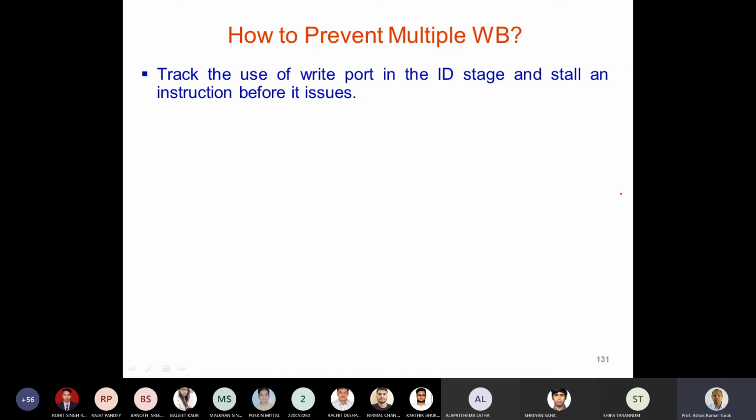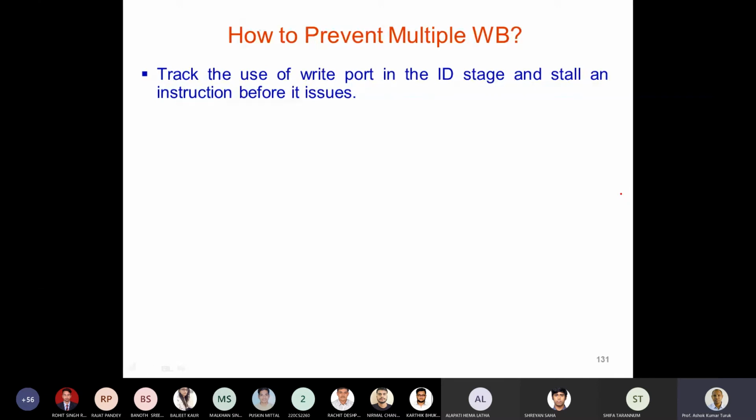If there are multiple instructions going to write in the same clock cycle, suppose in the instruction decode stage you check whether this instruction is going to write in the same clock cycle as any previously issued instruction. If so, then there exists a structural hazard, both of them writing to the same port. So you stall the instruction.